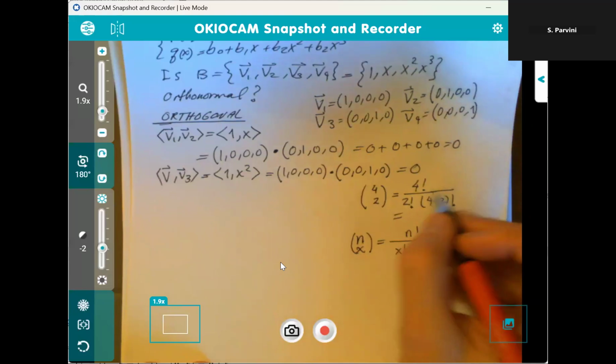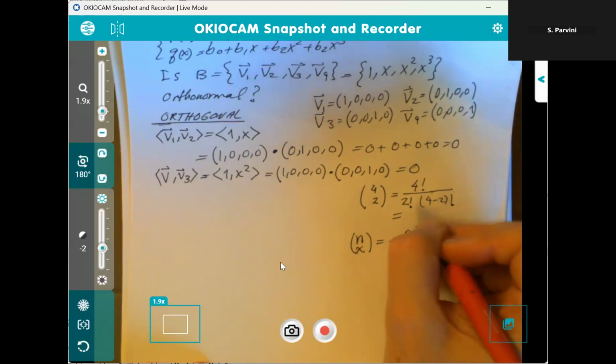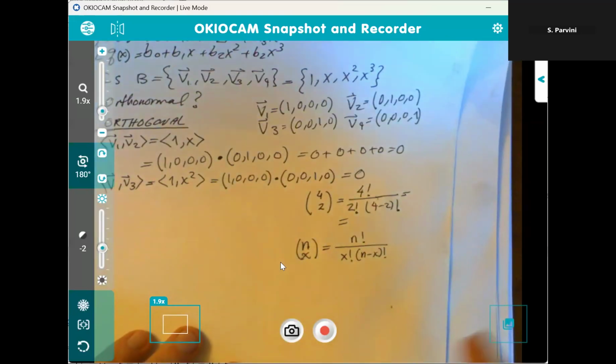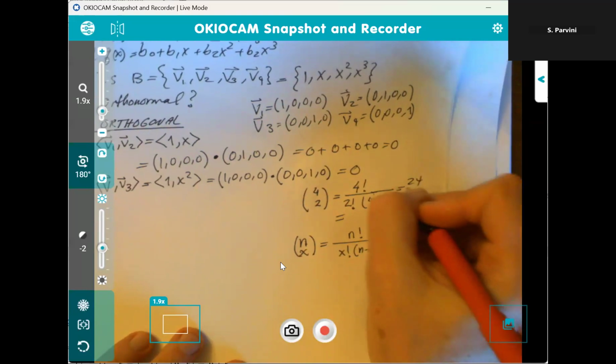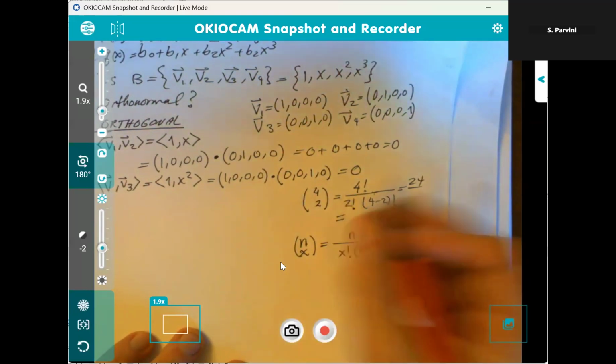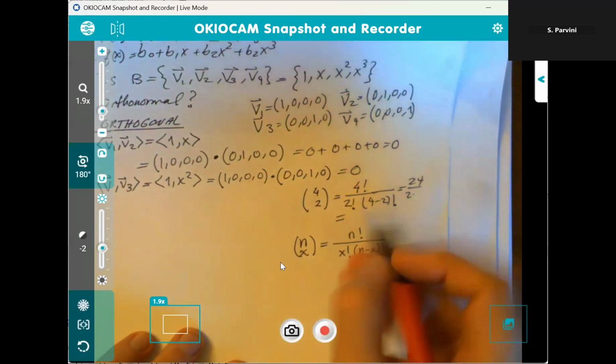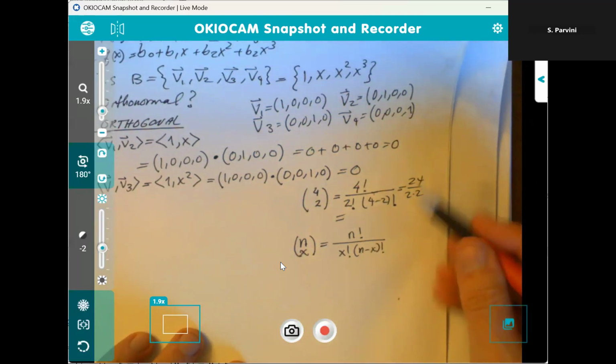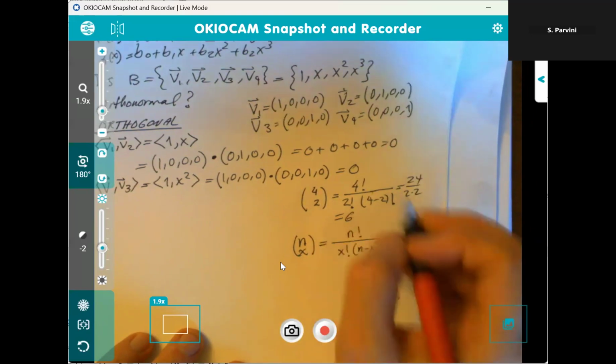This expression, 4 factorial, is 4 times 3 times 2 times 1, that's 24. 2 factorial is 2, and 4 minus 2 is 2, whose factorial is 2. 2 by 2 is 4. 24 over 4 is 6. There you go.